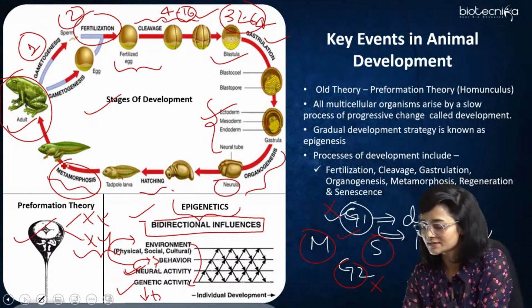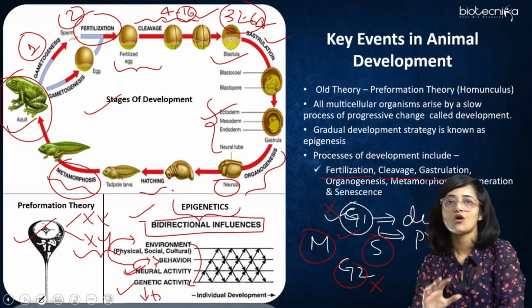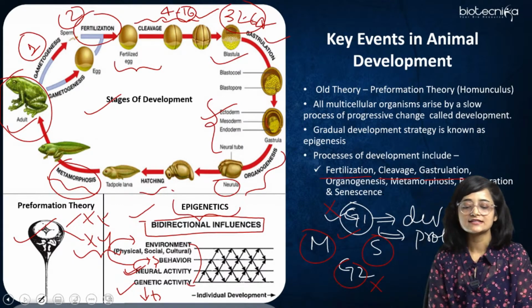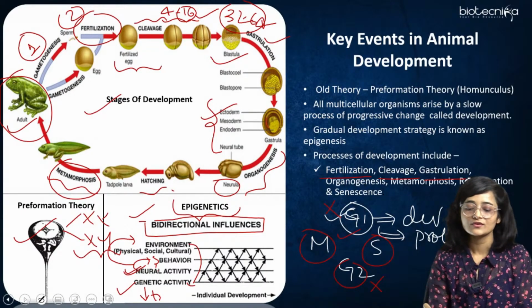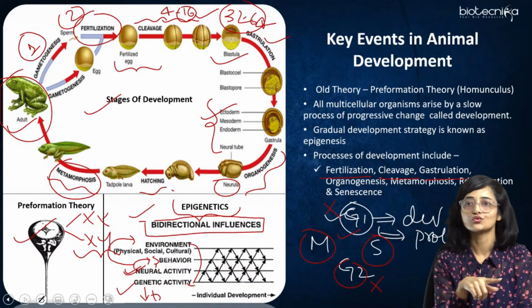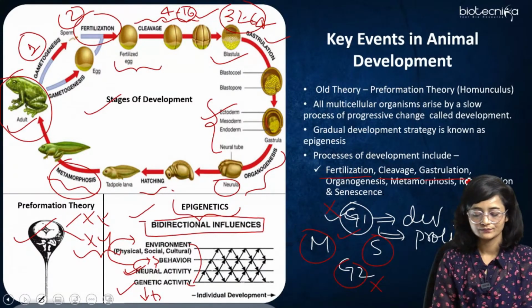The process of development includes fertilization, cleavage, gastrulation, organogenesis, metamorphosis, all these things we discussed. At every stage the development is taking place, so development happens throughout. This is the basic definition of development, while growth doesn't happen throughout, right?